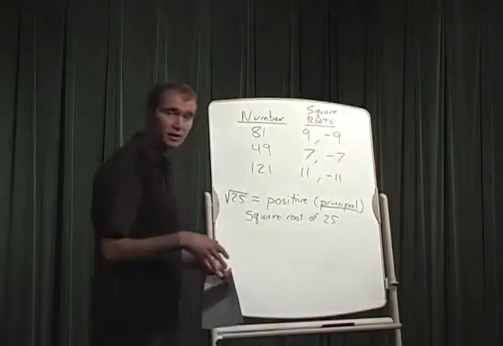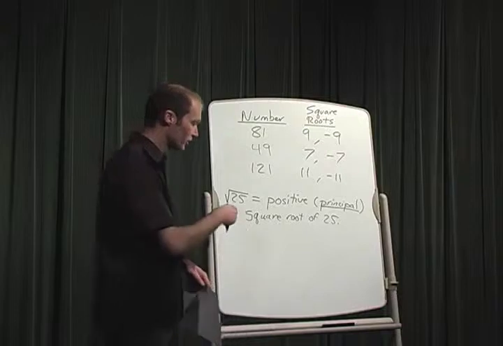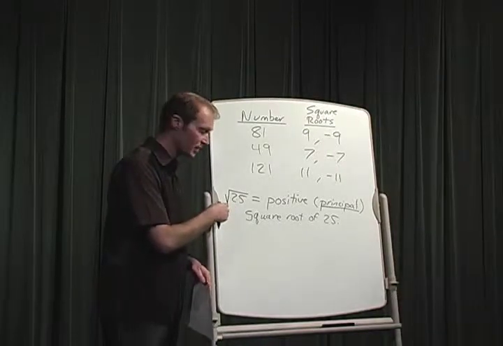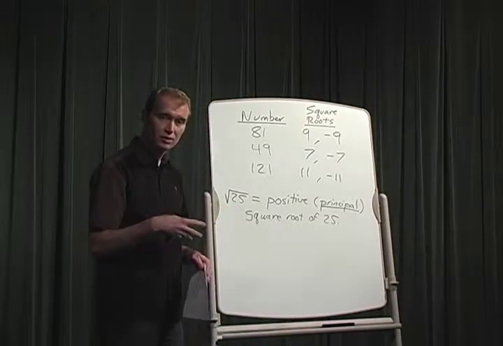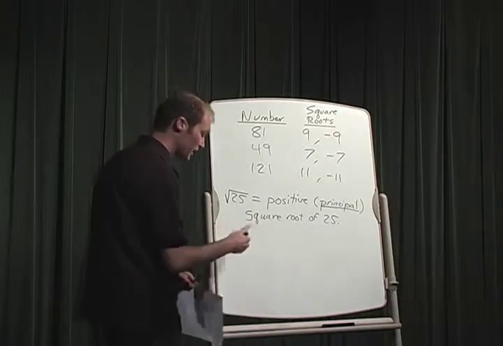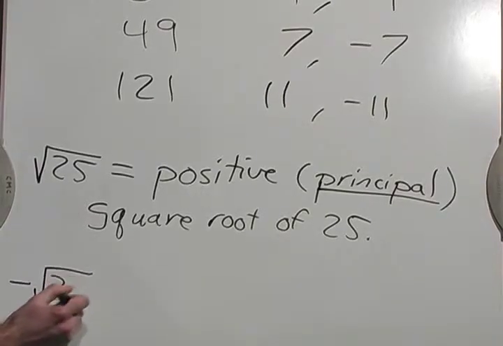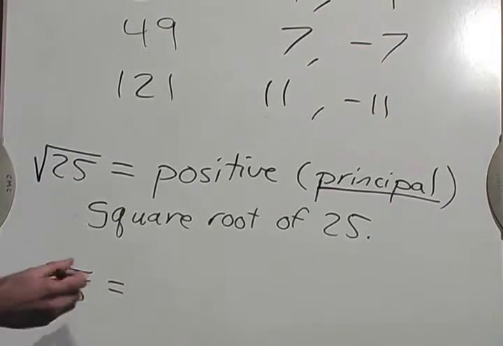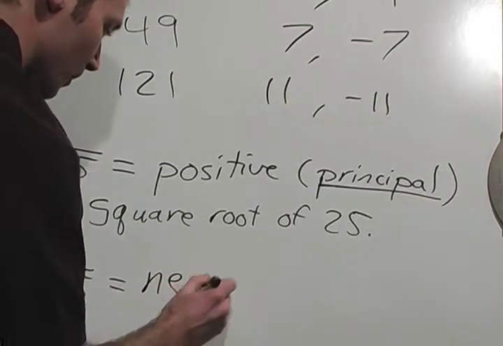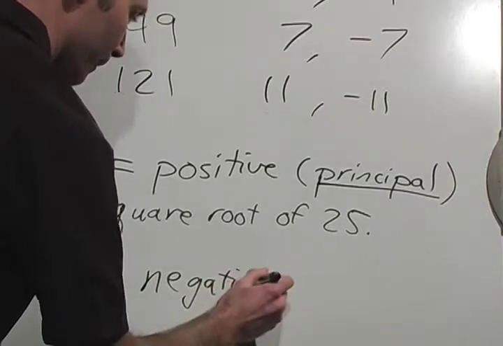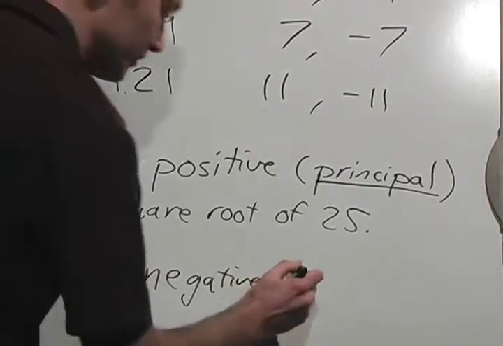So the symbol for the positive or the principal square root is given by this expression. Now, if I want to write the negative square root, I just put a negative sign in front. So negative root 25 represents the negative square root of 25.